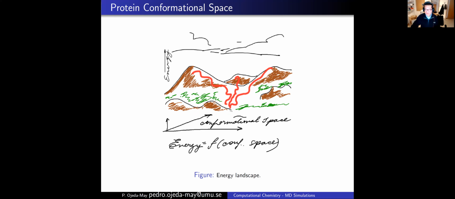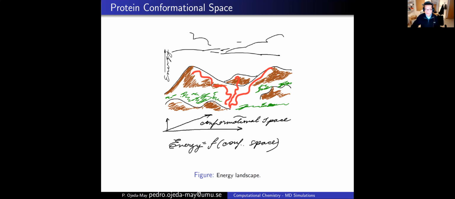You start from this point here, and you want to know all the places around this landscape. So what you can do is start with some trajectory and then move around. Sometimes it will be hard because it's a hill.